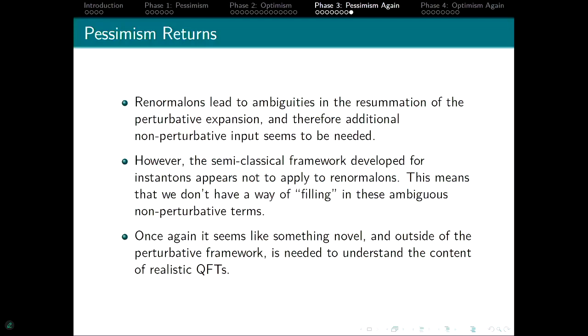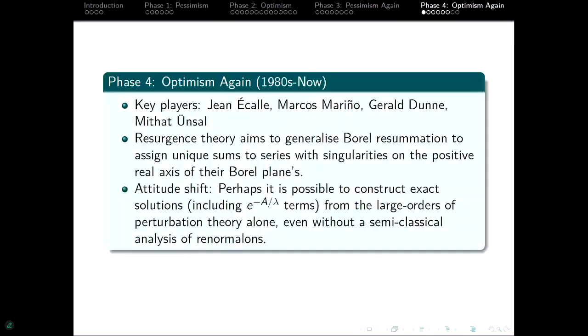And the semi-classical approach that's been developed for instantons is not going to work. So essentially, our theory is ambiguously defined if we try to define it with the Borel transform of the perturbation series. Again, it looks like we need something new to make sense of realistic quantum field theories. And that's, in a way, still the mainstream view in theoretical physics, I would say.